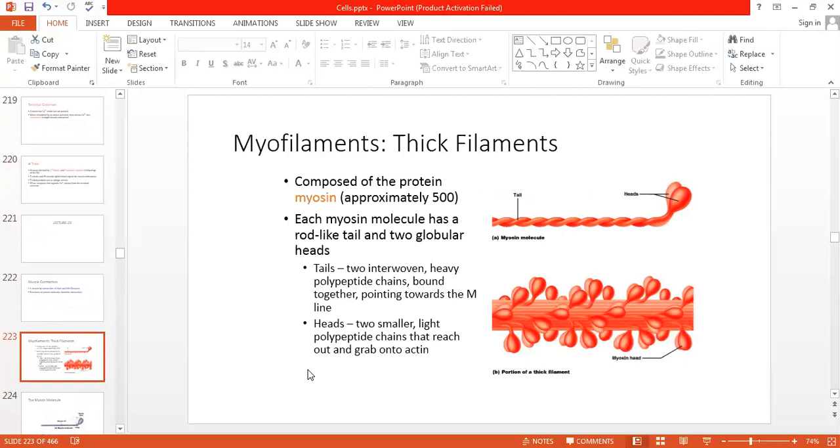Myosin: composed of the protein myosin, approximately 500 in number. Each myosin has a rod-like tail and two globular heads. These are the two heads, and this is the tail.